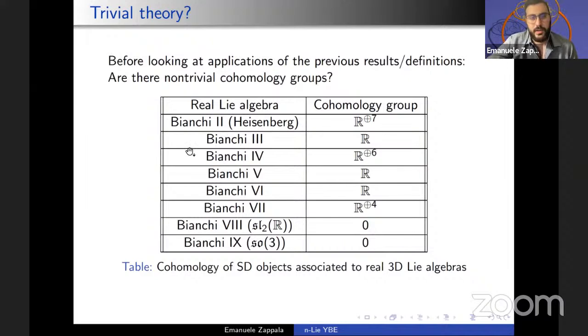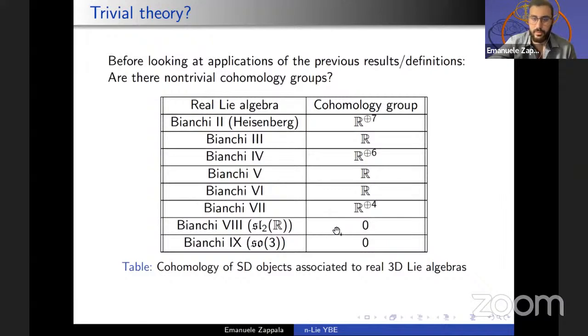It turns out that you actually have plenty of non-trivial cohomology classes, both in the deformed case and in the non-deformed case. So this is, for instance, the non-simultaneous deformation, and you see that SL2 and SL3 being semi-simple, they get 0 because their cohomology dies.